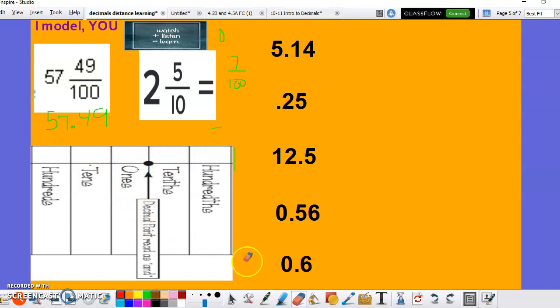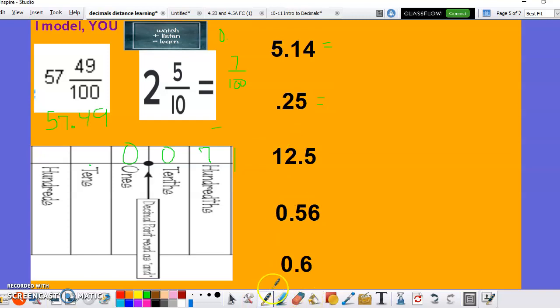Do I have a whole number? No, I don't have a whole number, so I'm just going to put a 0 there. Do I have any tenths? No, I do not. I just have 7 hundredths. So this is how I would write 7 hundredths as a decimal.